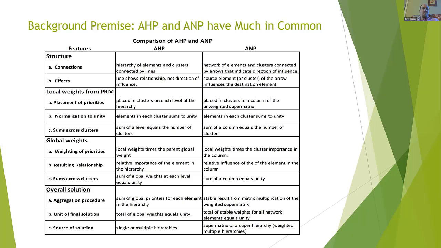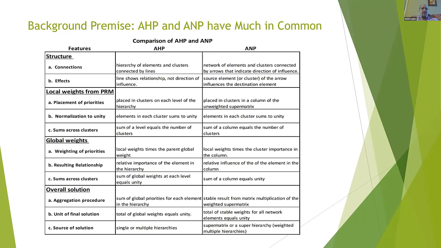This is the idea of global weights. So when we think of doing pairwise ratio matrices in the hierarchy, we have our local weights, and then we've got a cluster above that becomes the parental global weight. This same idea can be applied to the ANP.